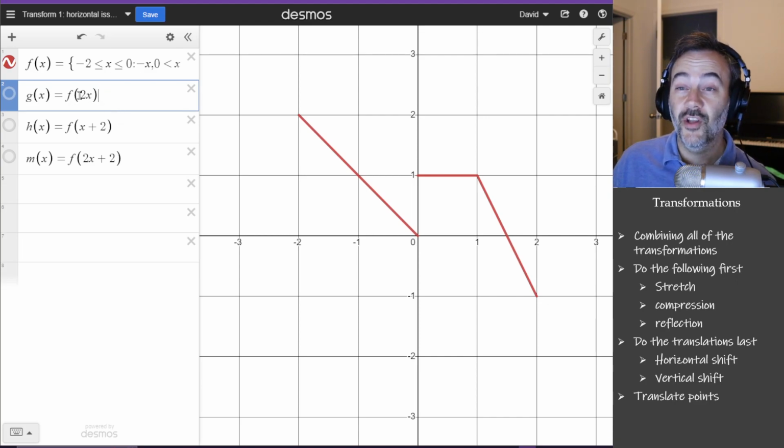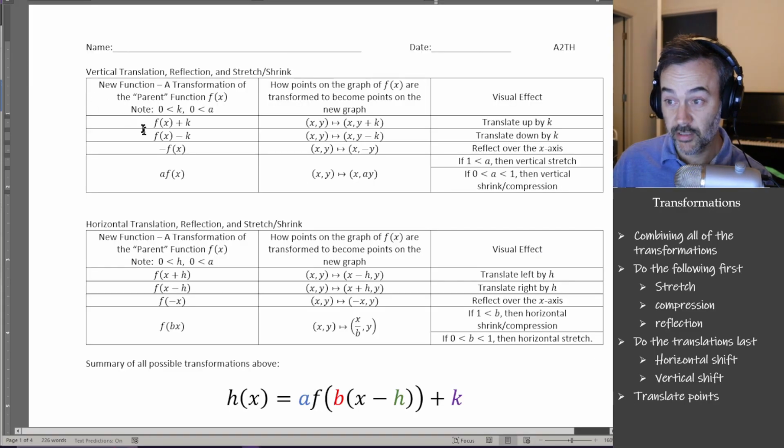Okay, so f of 2x means that I'm multiplying x by 2. That's the b parameter, and it's 2 in this example. So b is greater than 1, so we're going to have a horizontal shrink or a horizontal compression.